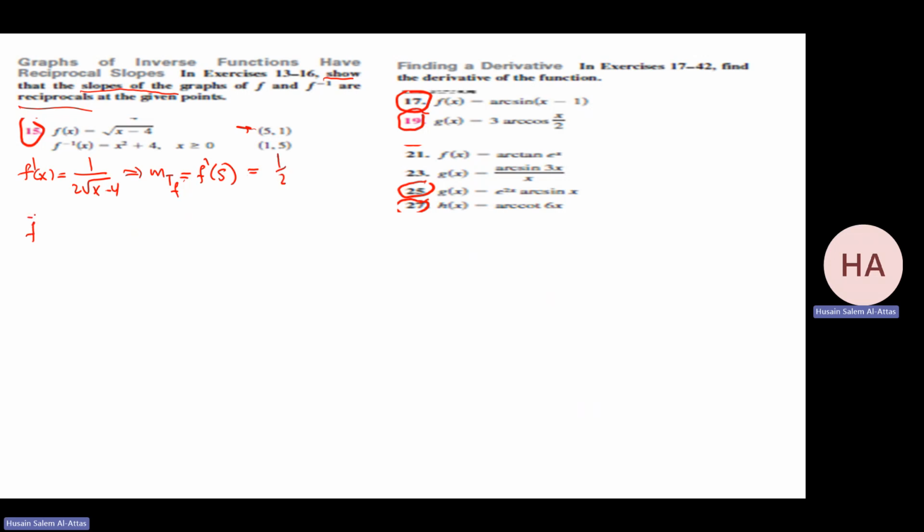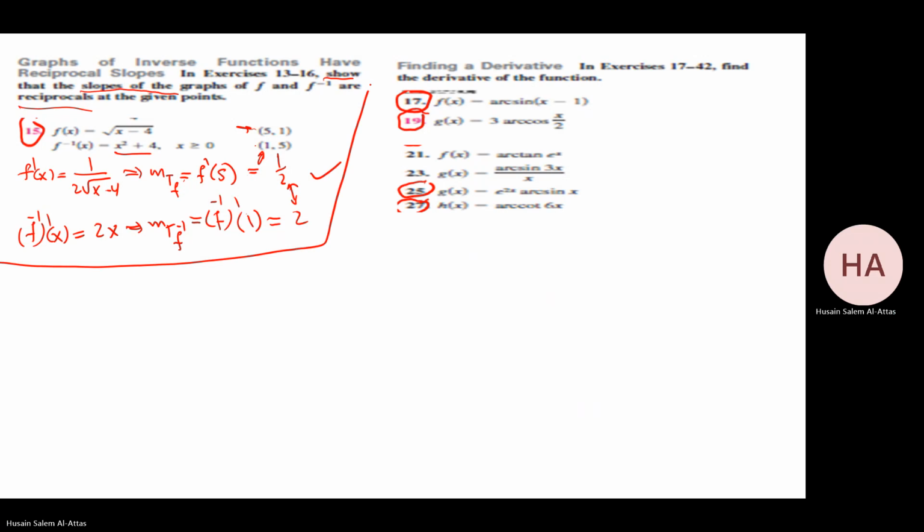However, f inverse prime, derivative of this, which is 2x. So that implies m tangent at f inverse equals f inverse prime at 1, at this point. And that will be 2. So they are reciprocal of each other. That's it. This is what I want to do.